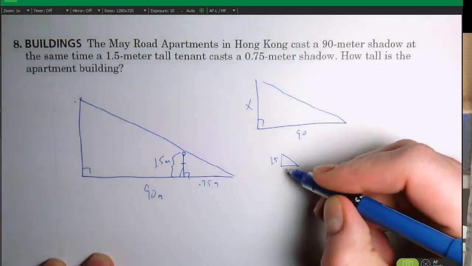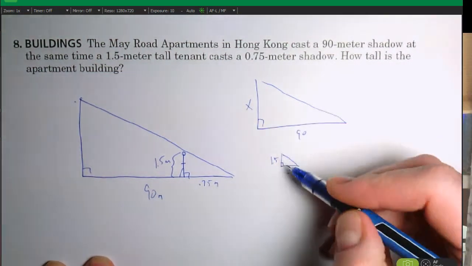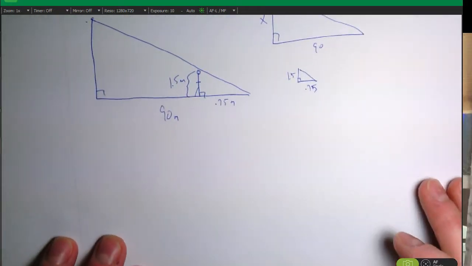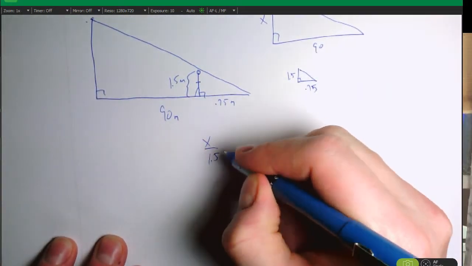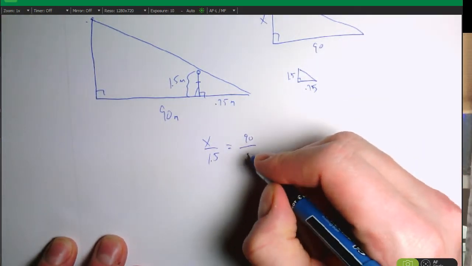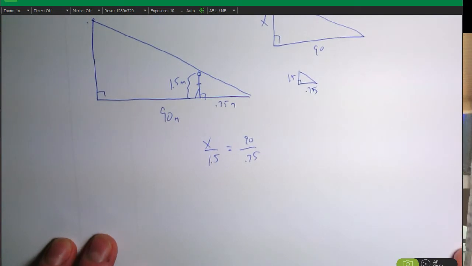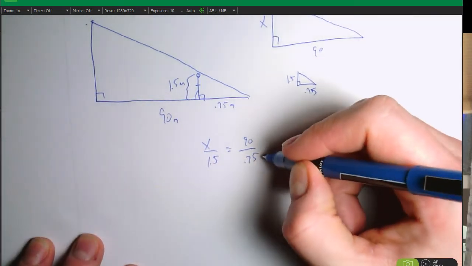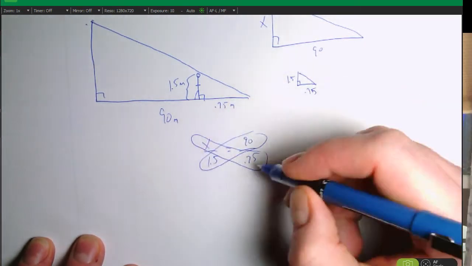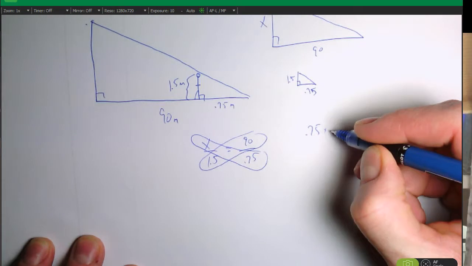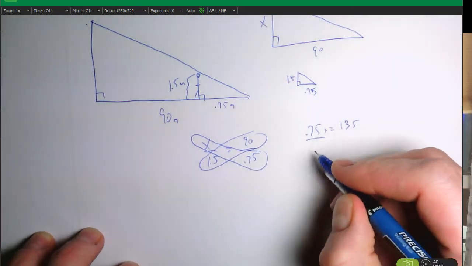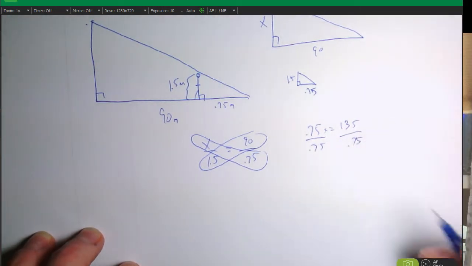Now we're just going to set up our proportion. x to 1.5 equals 90 to 0.75. And now we cross multiply. In this case, we could use our calculators to make this easier. 0.75 times x is 0.75x. 1.5 times 90 is 135. Divide both sides by 0.75.